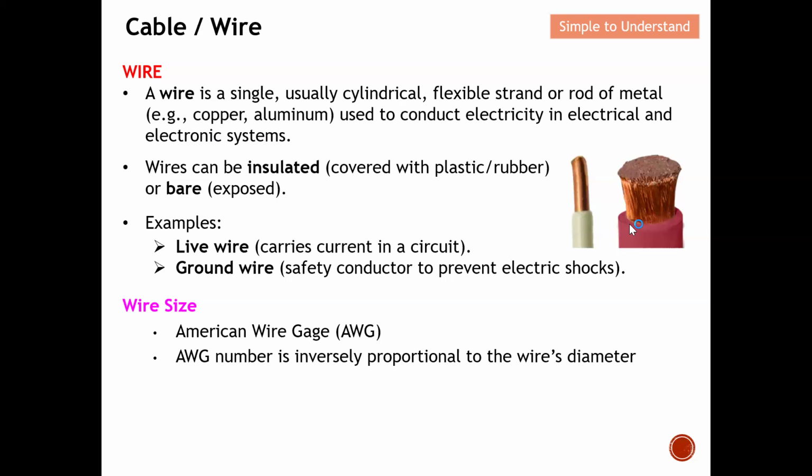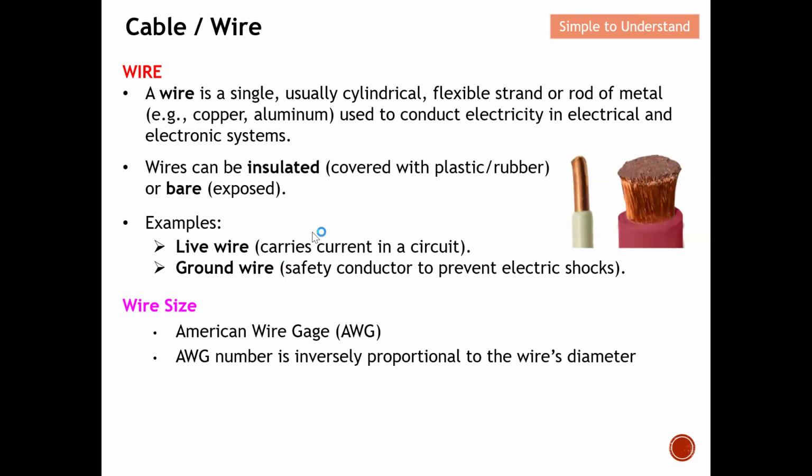From this picture, you can see that they are insulated with rubber, so that we will not accidentally touch the wire and get an electric shock. In some extreme cases, we have so-called exposed wire, but I will say that it's very rare.